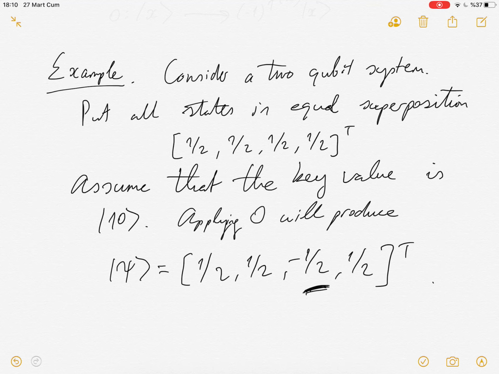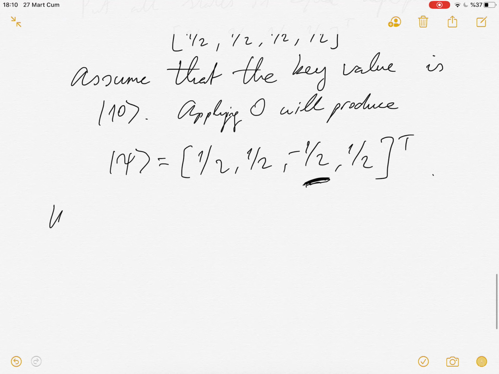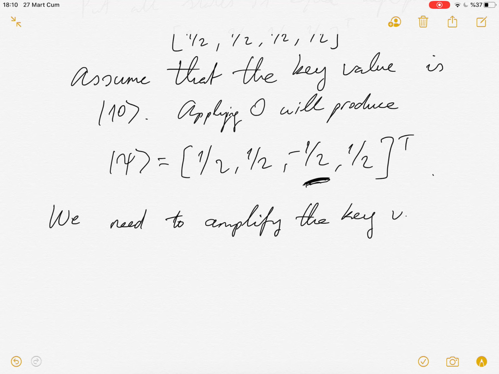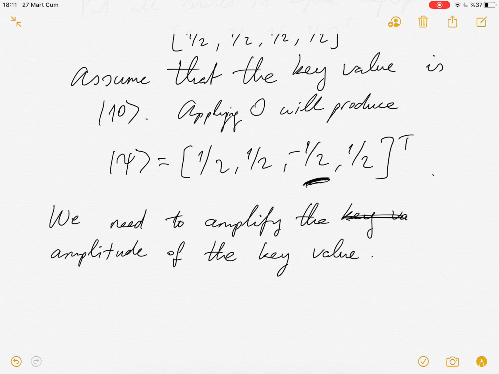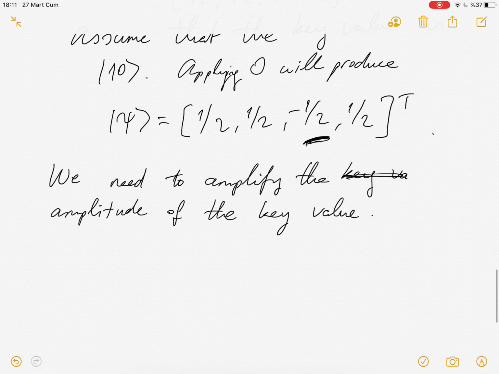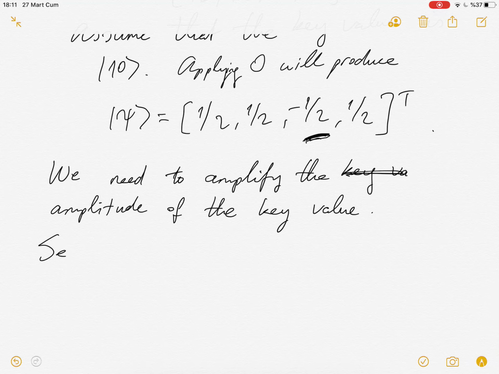Somehow we need to amplify the amplitude of the key value, and we do this by inversion about the mean.